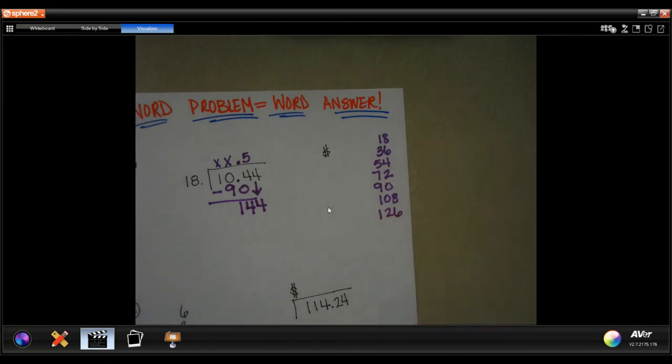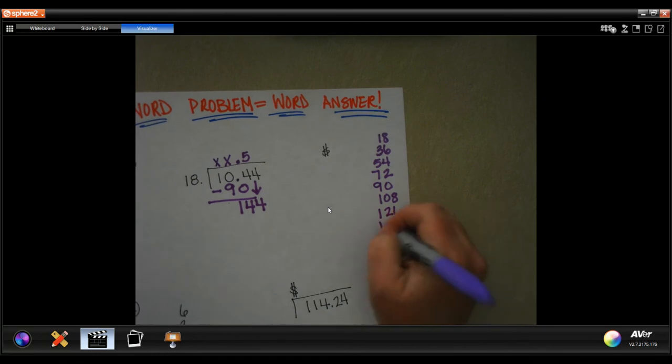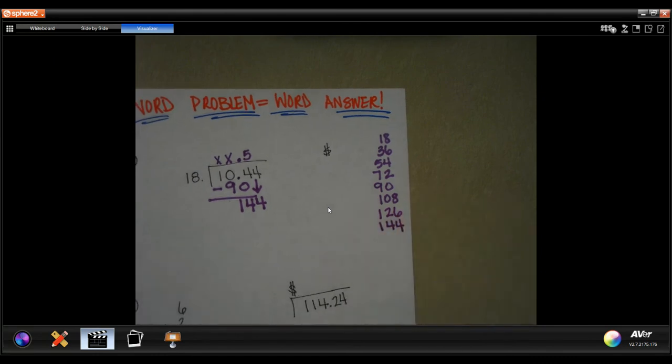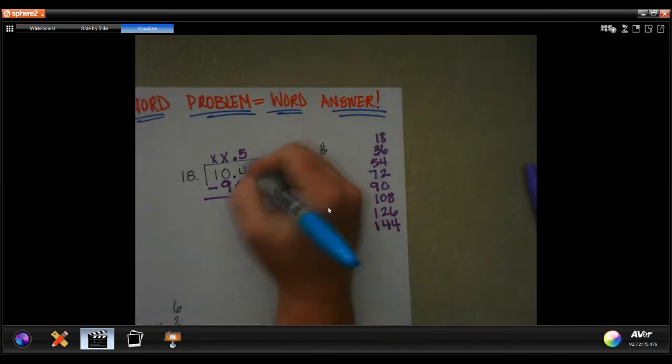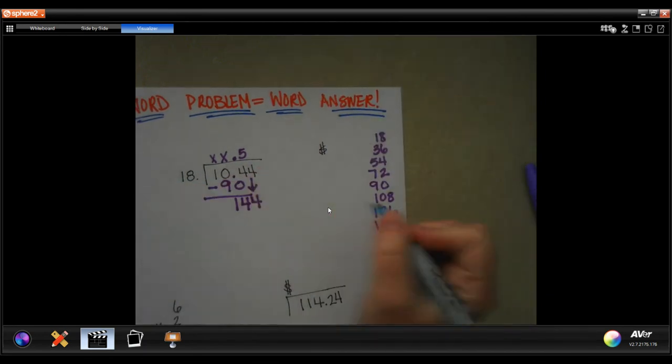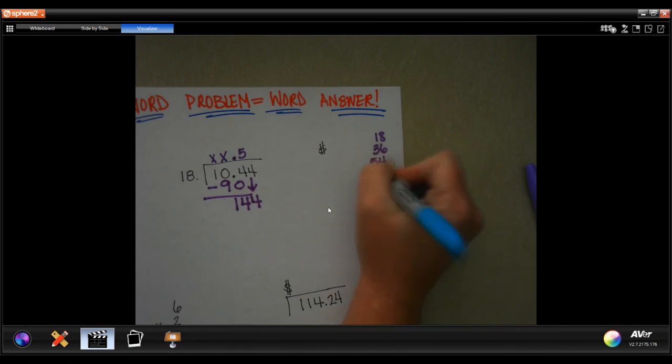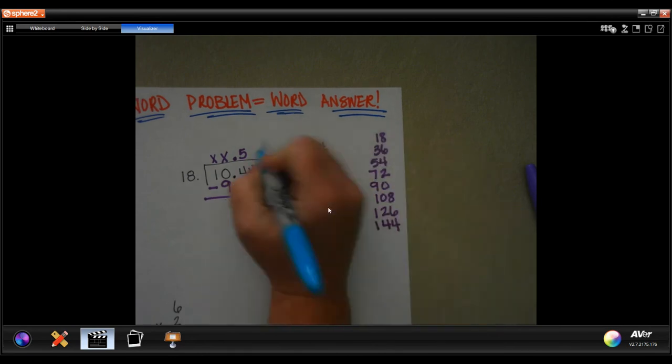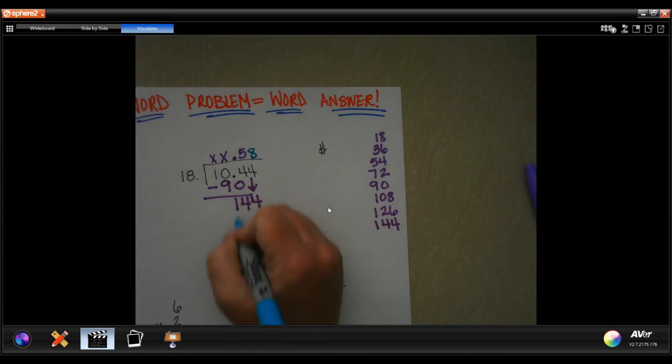And 18 times 8 is, you guessed it, 144. Okay, so we now know that 18 times 1, 2, 3, 4, 5, 6, 7, 8 is 144.